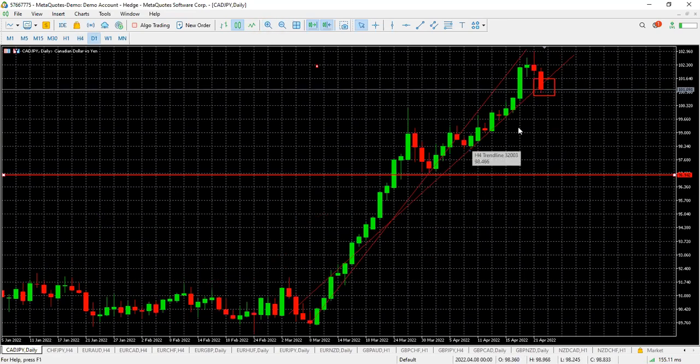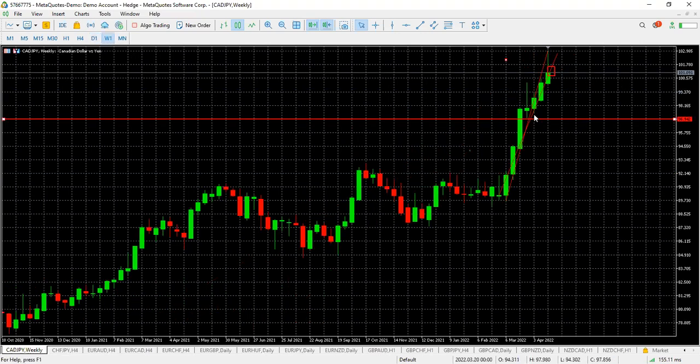This candle is very bearish on a daily time frame. Now, let's check weekly. You can see that weekly closed with a weak rejection.